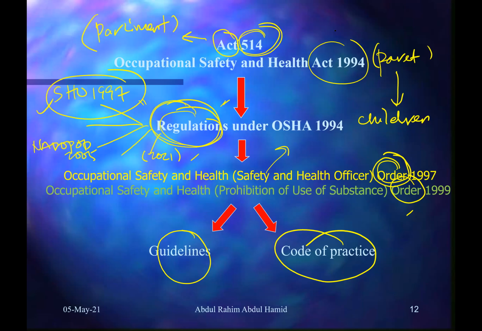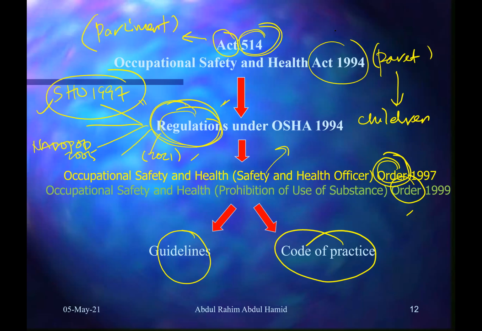When the project was 20 million and above, only then was it required to have a safety and health officer. How about projects less than that? Does a project of, say, 10 million not have any risk? No, the risk is still there.